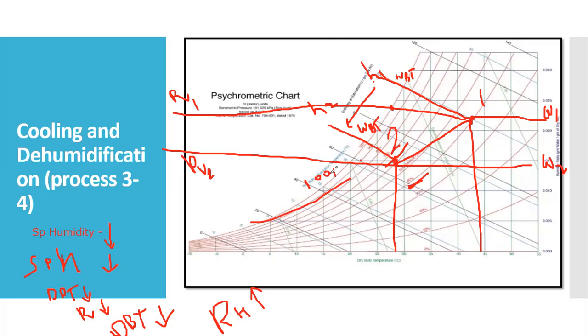On saturation curve you are having 100% of water vapor particle, right? So that's the reason RH is increased. Correct?